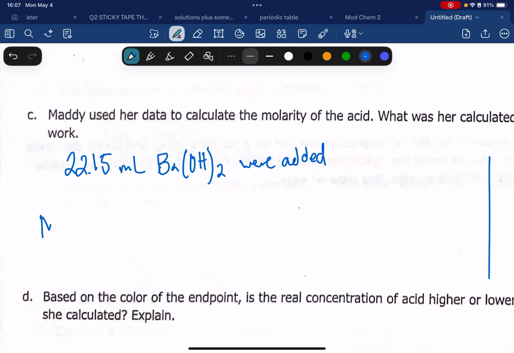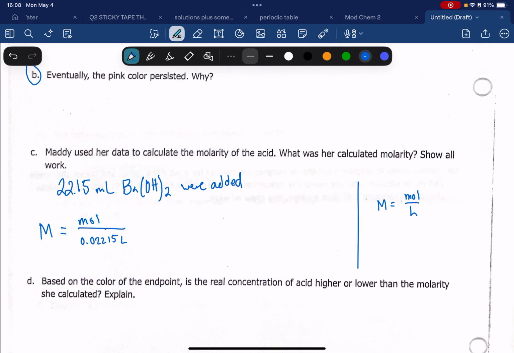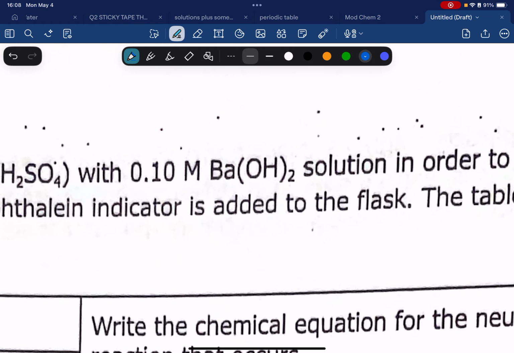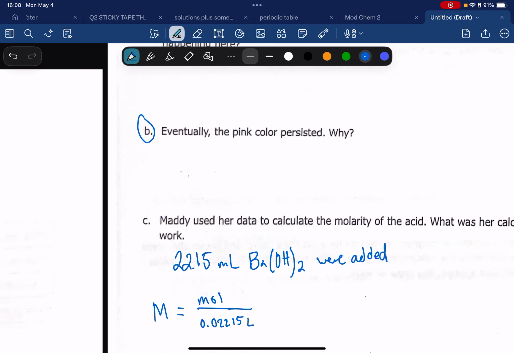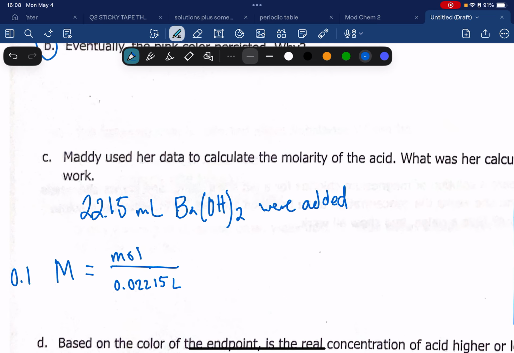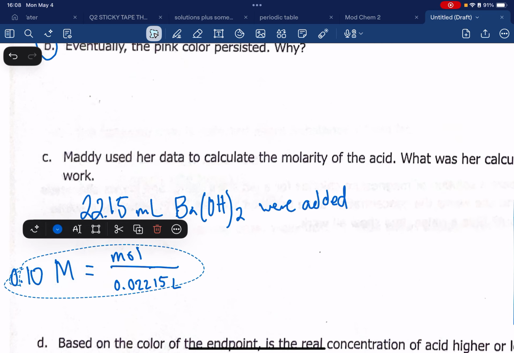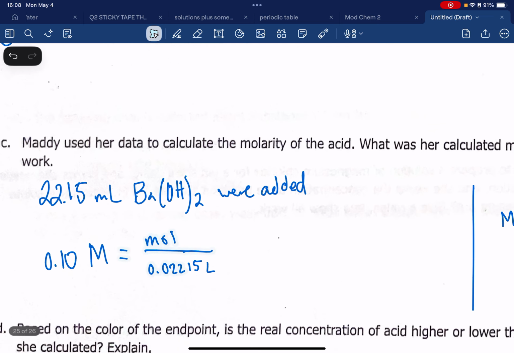Luckily, we do know the molarity of our base here. The molarity is 0.10 molar barium hydroxide. So 0.10 molar. How do I solve for moles?